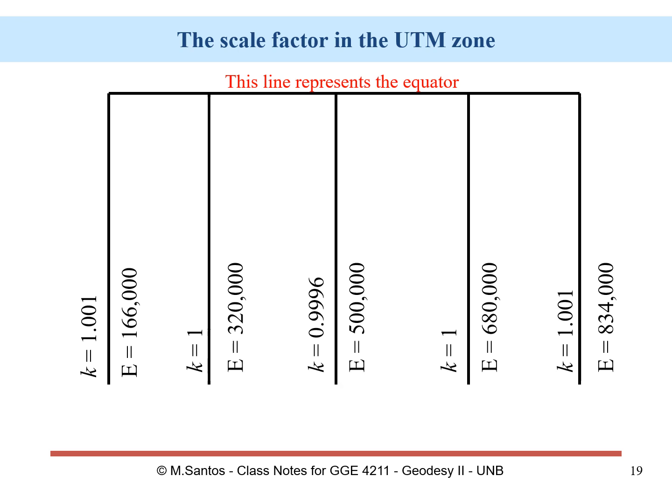They have an easting of 166,000 meters to the west of the central meridian, and 834,000 meters to the east of the central meridian. And at these points, the scale factor equals 1.001.